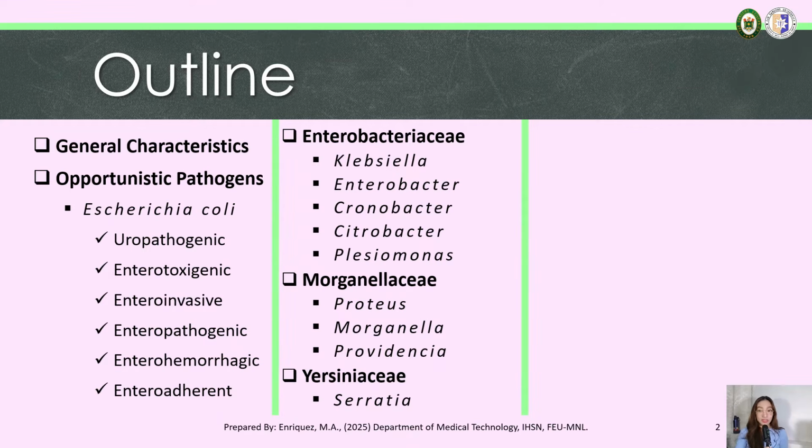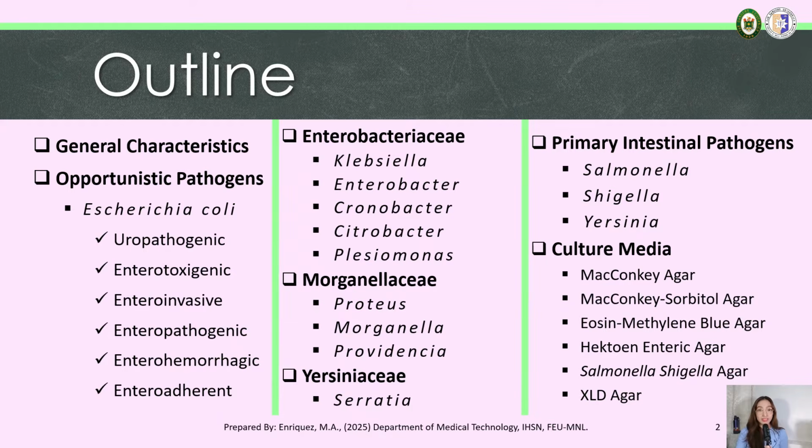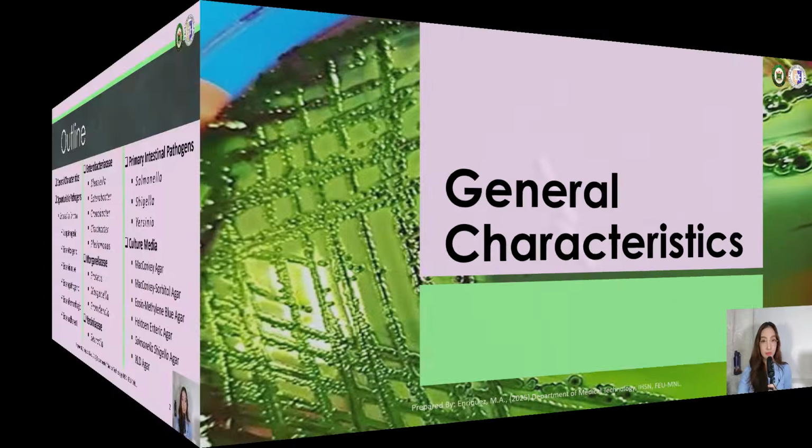After that, we'll look into the true pathogens from the family. And lastly, alamin po natin kung alin-alin yung mga culture media commonly used in the isolation of Enterobacterales members.